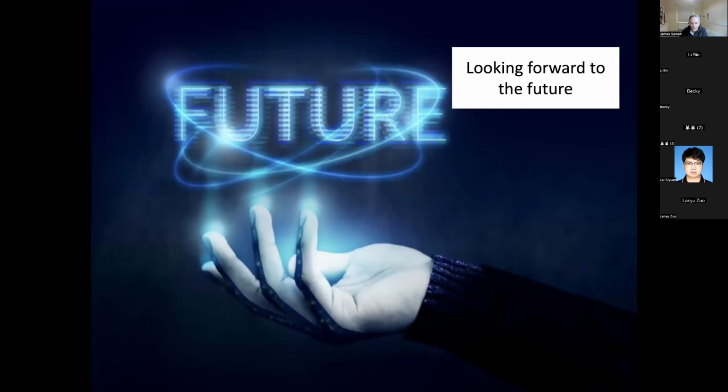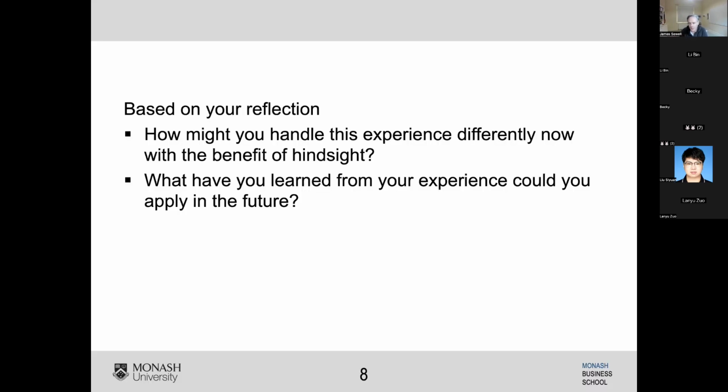So then the third element is based upon this reflective process, how your beliefs were questioned and how you were made to feel uncomfortable and the emotional reaction you had in the short term versus the long term. The next part of your reflective writing is to think about, well, based upon this, could I have handled that situation differently?